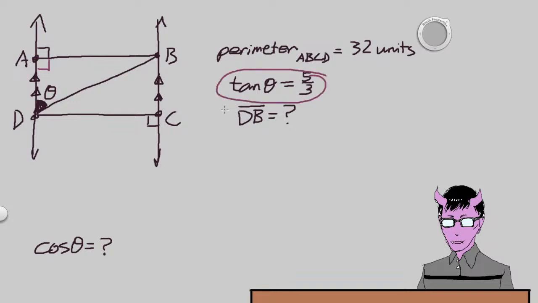We're given tangent of theta, which is right here. Tangent is going to be opposite relative to adjacent. Let's put some color. Call this one light blue. That's going to be this particular number up there. That's a reduced number, remember? And then the other one is right here.